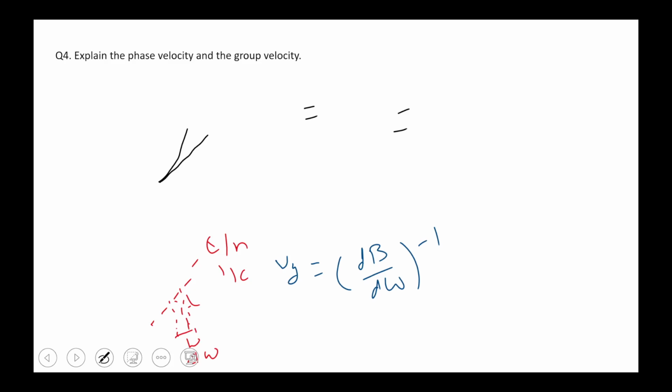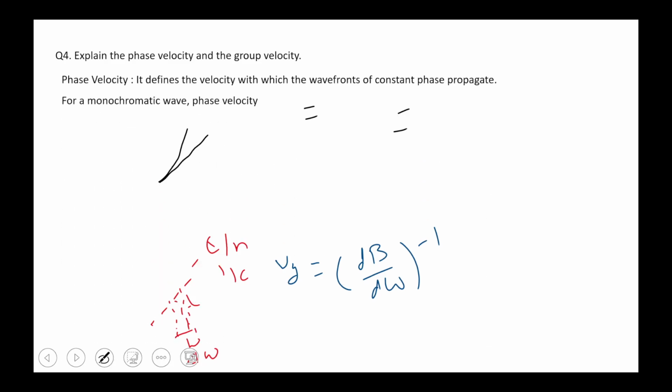The velocity with which the wave packets travel is known as the group velocity. And phase velocity is basically the velocity with which the phase is traveling. With the change of phase, the velocity at which it travels is known as the phase velocity. So that's why it should be d omega by d beta, the inverse, because of the phase.